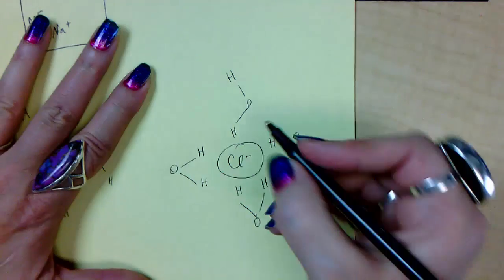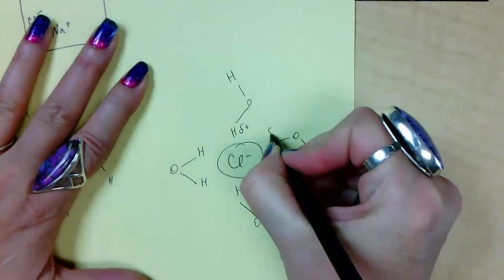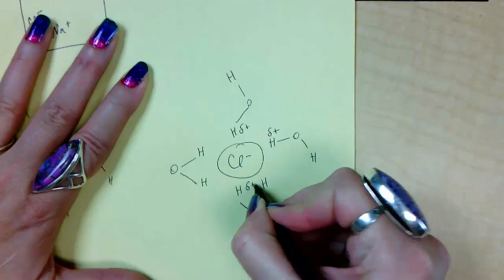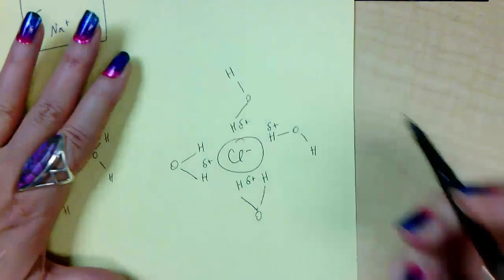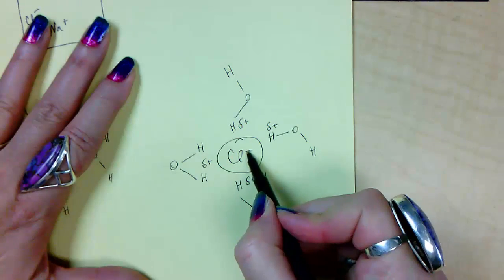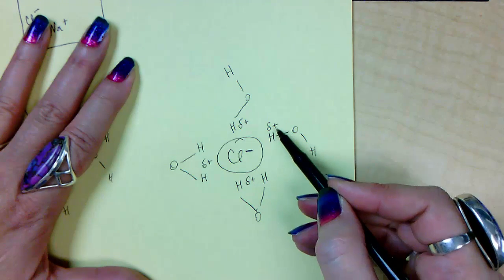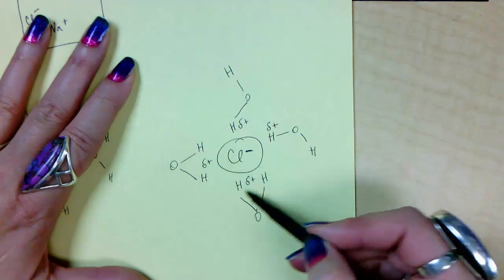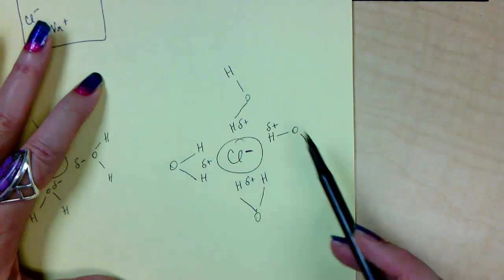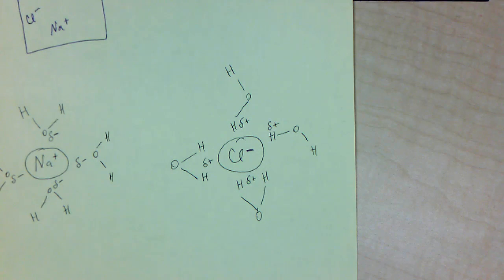All right, and again, hydrogens are a little bit plus, a little bit plus, a little bit plus, a little bit plus. So we have a negative here, attracted to the plus of the hydrogens, attracted here, attracted here, attracted here. So I drew, again, 4 waters surrounding the Cl-, and the plus minus is an attraction because opposites attract.